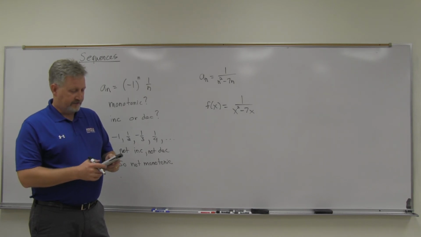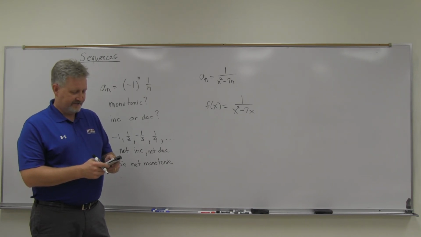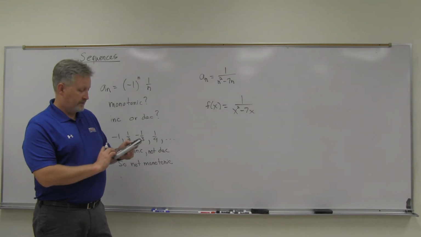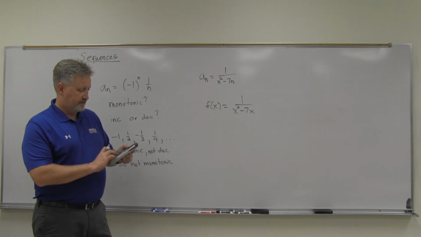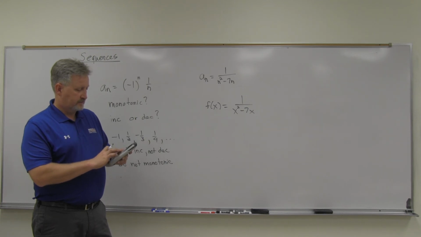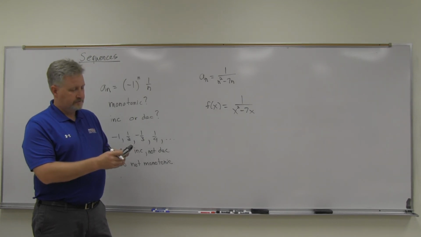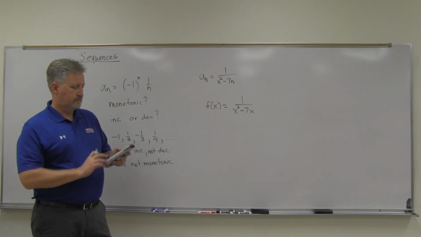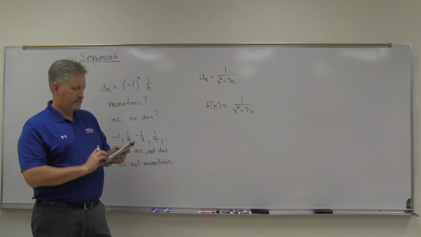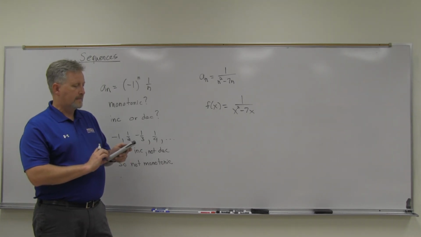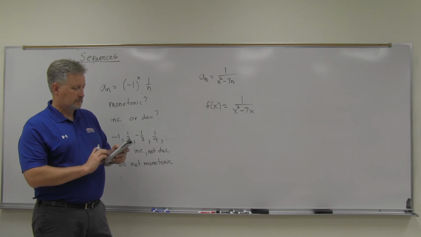What does this one look like? 1 over x squared minus 7x. I have to zoom in a little bit.